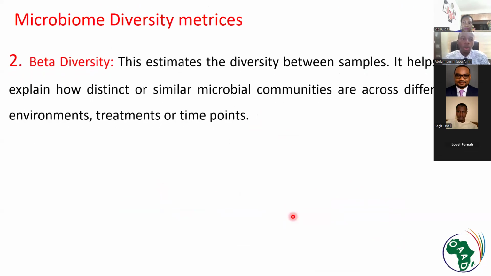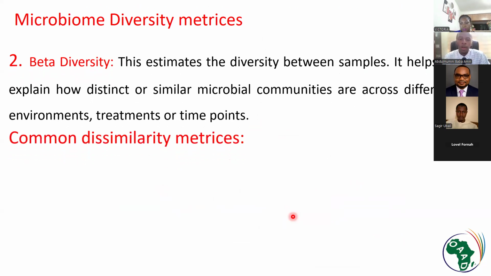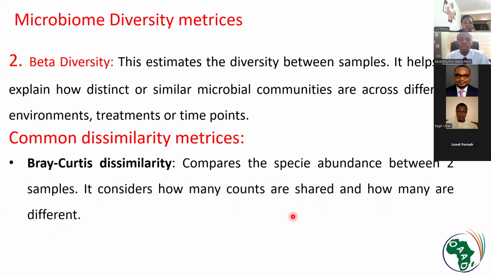The second microbiome diversity metric is beta diversity. This estimates diversity between samples. It helps to explain how distinct or similar microbial communities are across different environments, treatments, or time points. Beta diversity is commonly calculated using dissimilarity matrices.